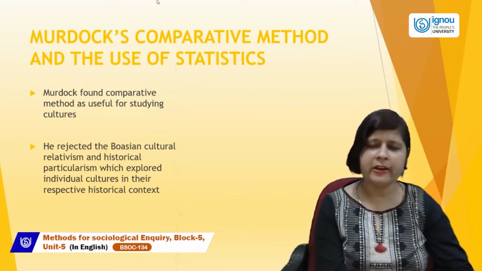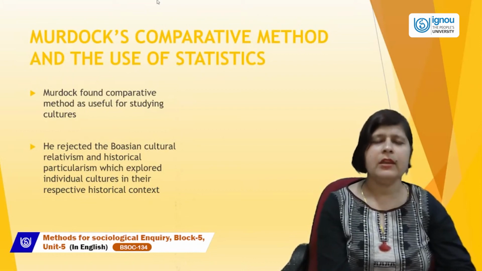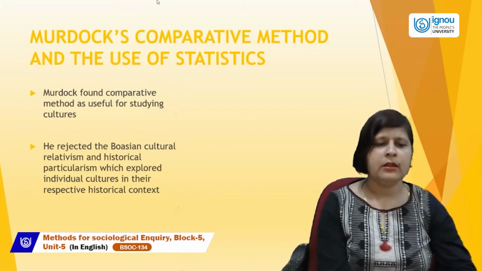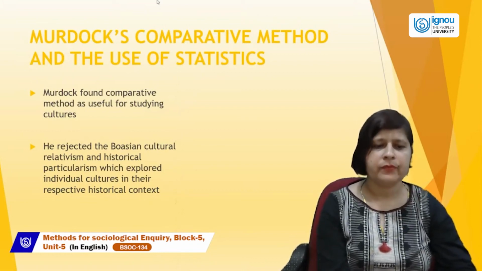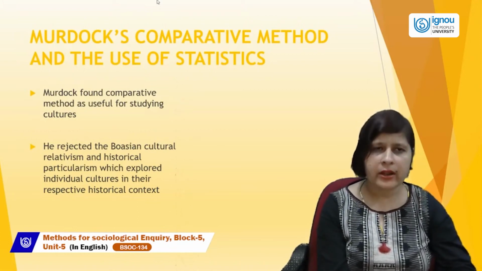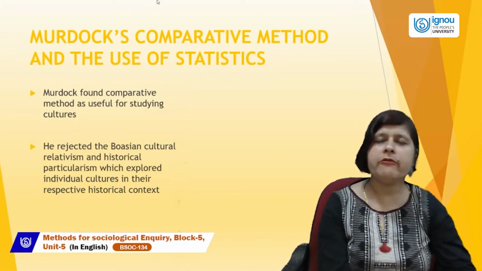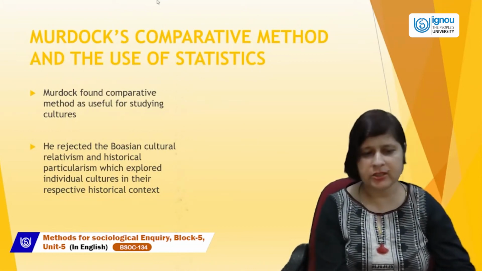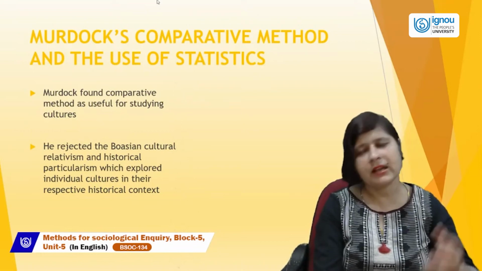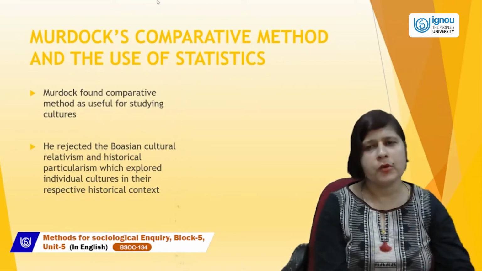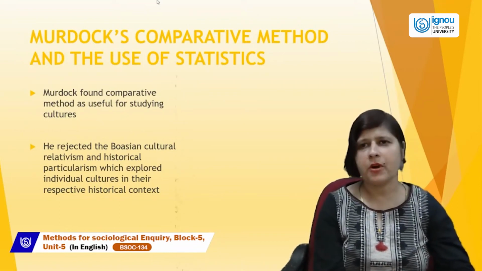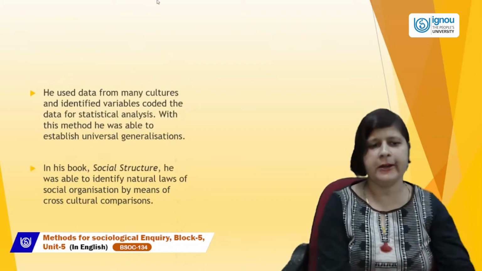So he used the comparative method to study culture. He rejected Boasian cultural relativism and historical particularism, which explored individual cultures in their respective historical contexts. So according to Boas, historical context is important, but Murdock rejected it.